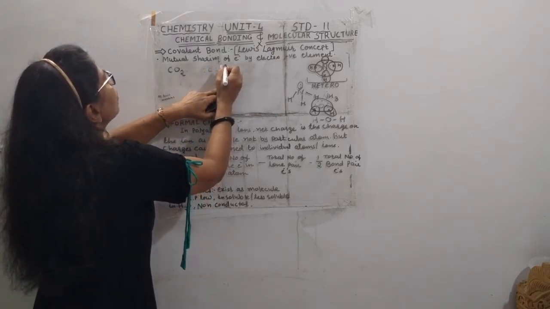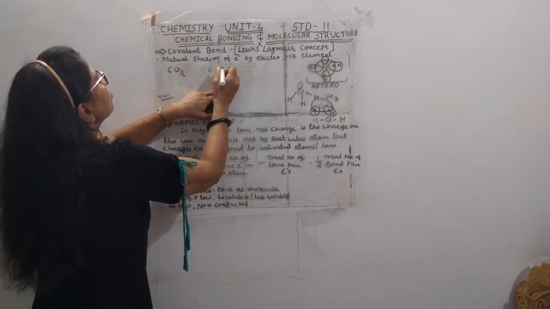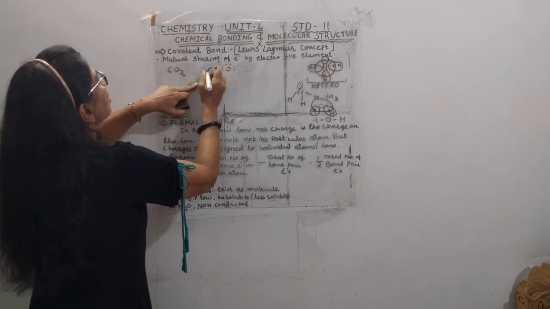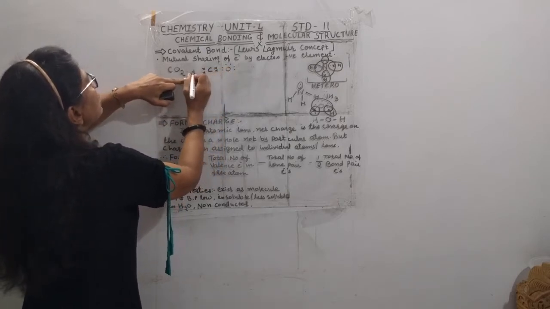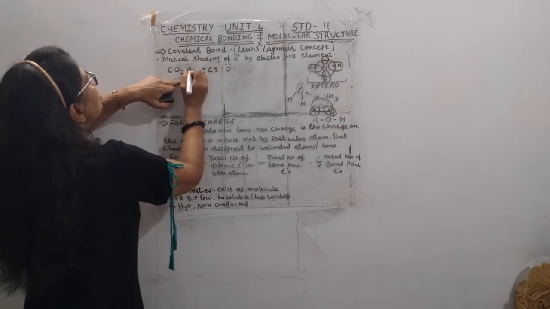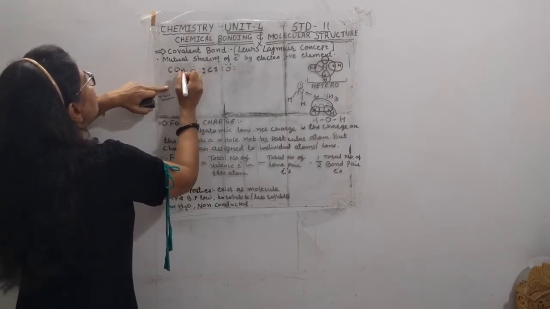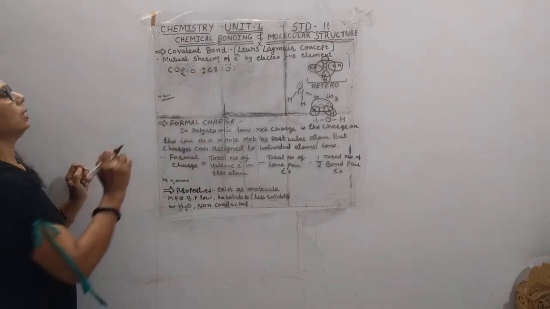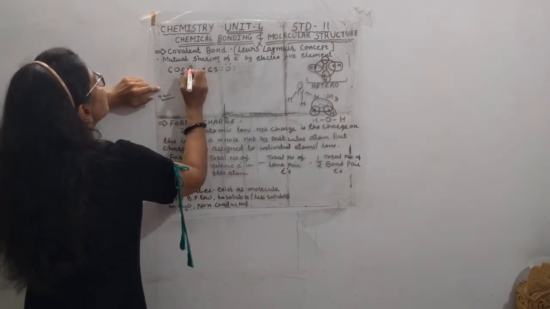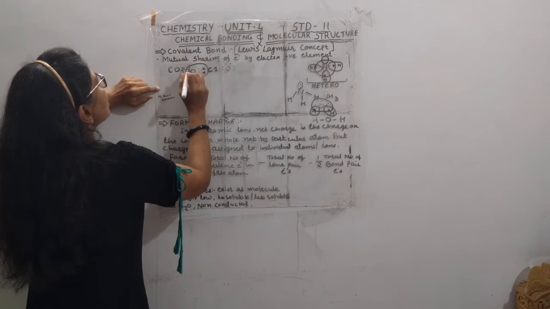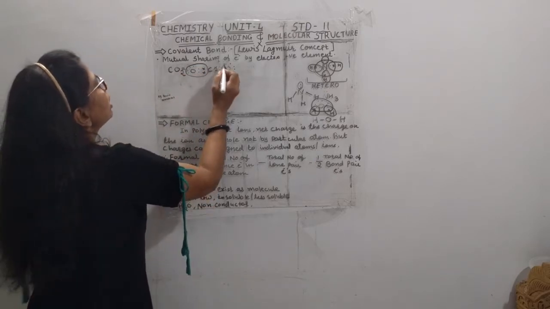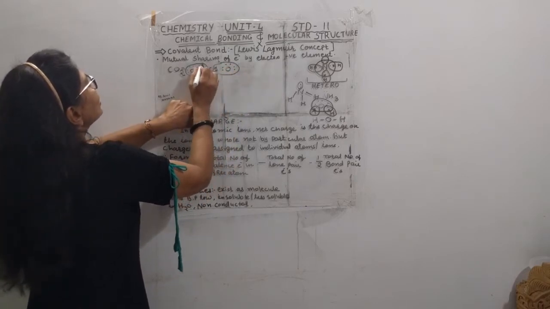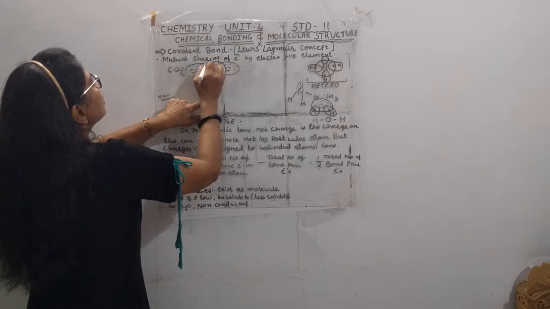So oxygen 1, 2, 3, 4, 5 and 6. Same way another oxygen also 1, 2, 3, 4, 5 and 6. This we are talking about the CO2 molecule valence Lewis dot structure, student. Here you can see the oxygen with the completion of octet. This oxygen also completion of octet, and the central atom is also with the completion of octet.